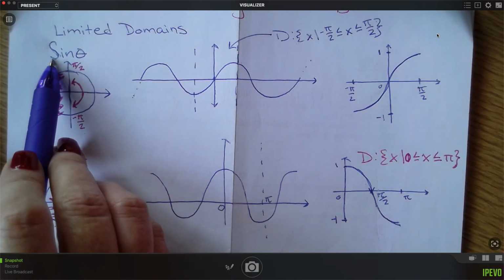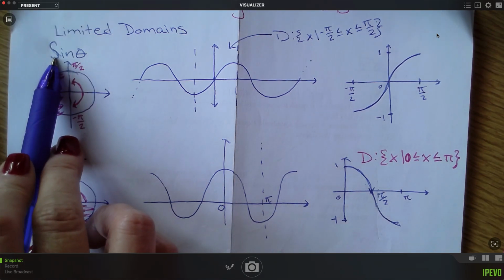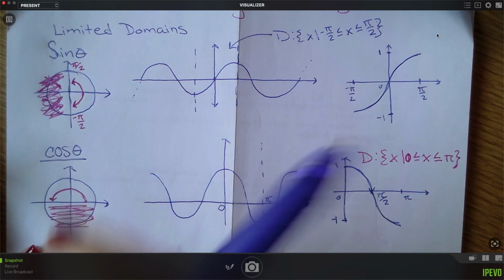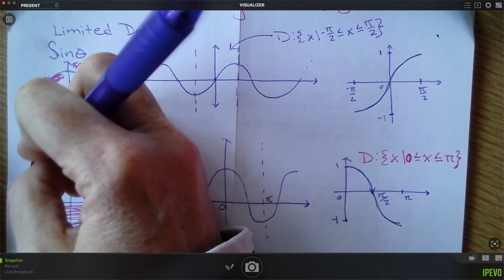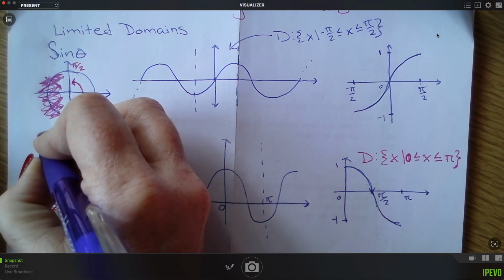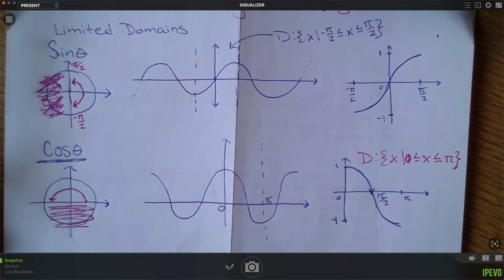Uppercase means it's a restricted domain. When I see an uppercase, the only thing that exists is the first and the fourth quadrant. If I see an uppercase C, what two quadrants exist? The first and second. So I see the uppercase and I know exactly what it means.